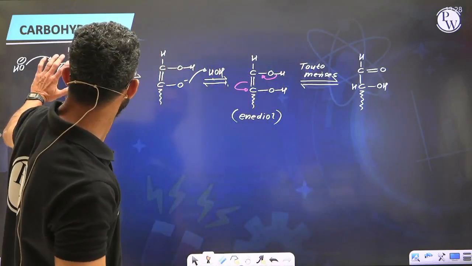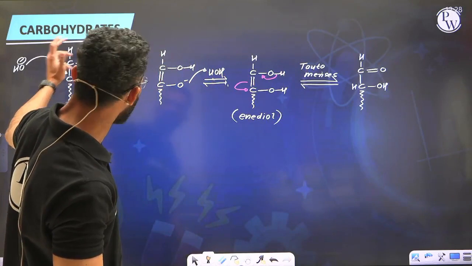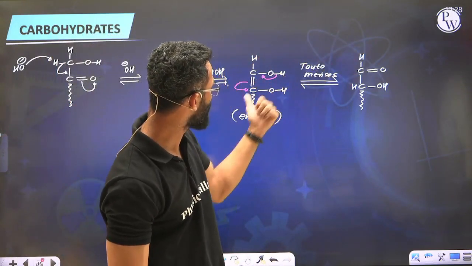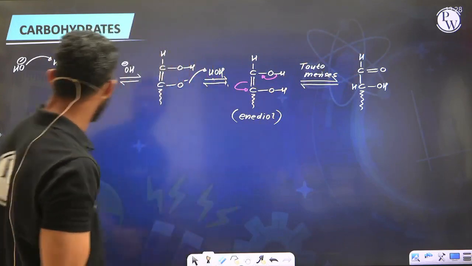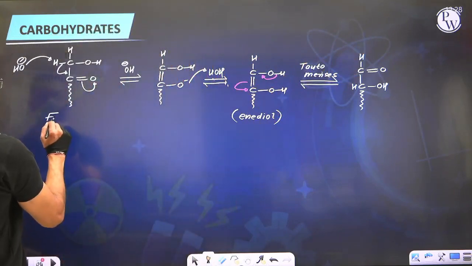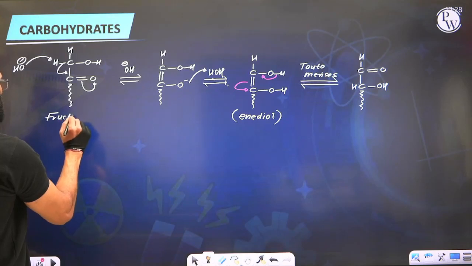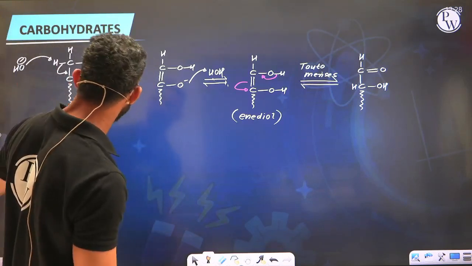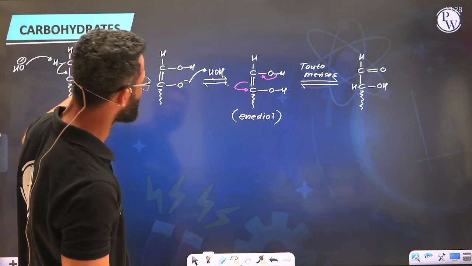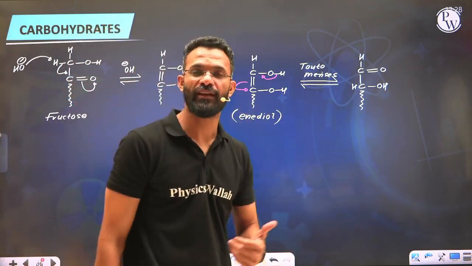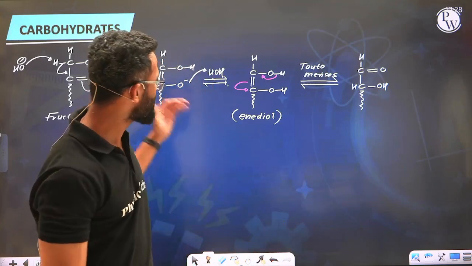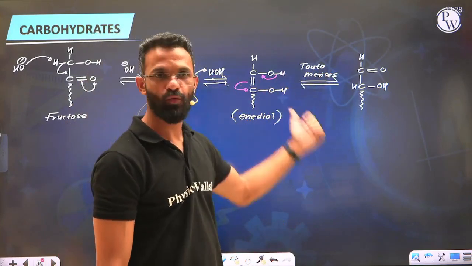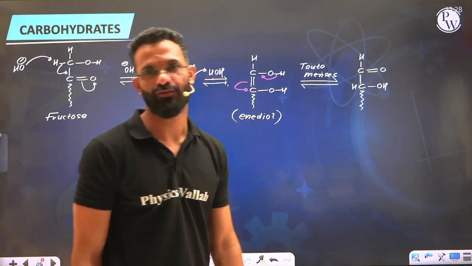The ketonic group of fructose has now been converted to an aldehyde group, which is in equilibrium via an enediol. So the fructose which we had, although it contains the ketonic group, is still capable of reducing Tollens, Fehling's and Benedict's solution, because in equilibrium in an alkaline condition it gets converted to aldehydic form, through the enediol formation.